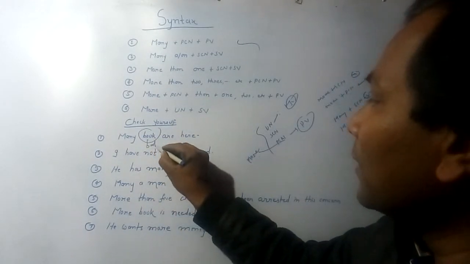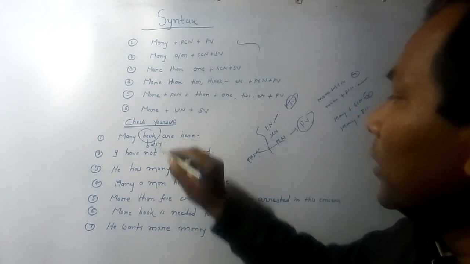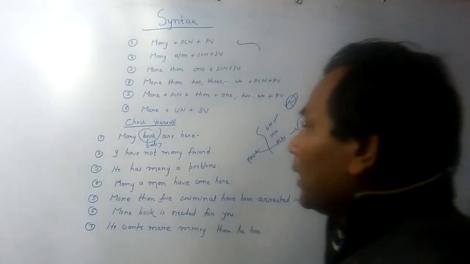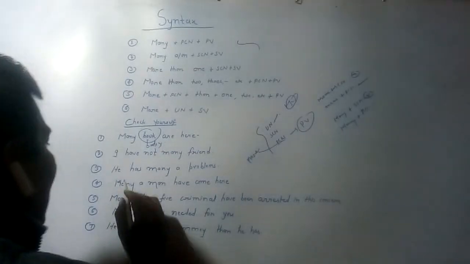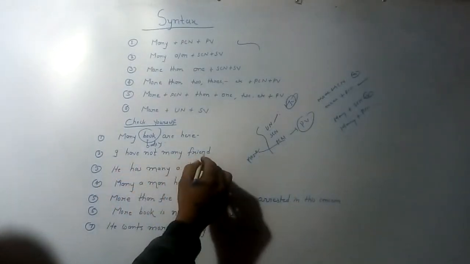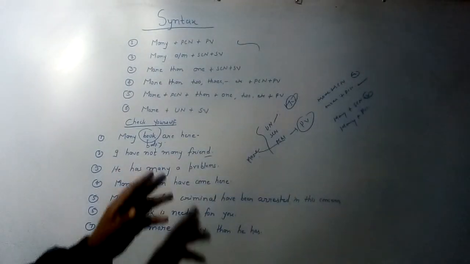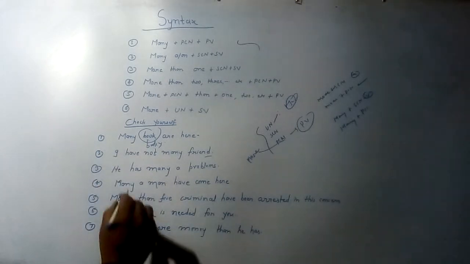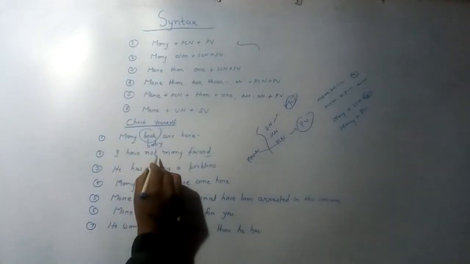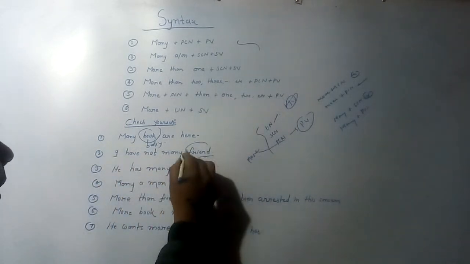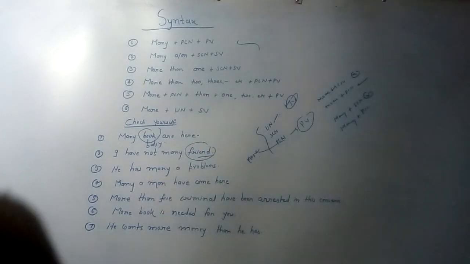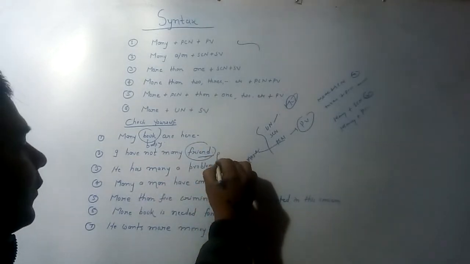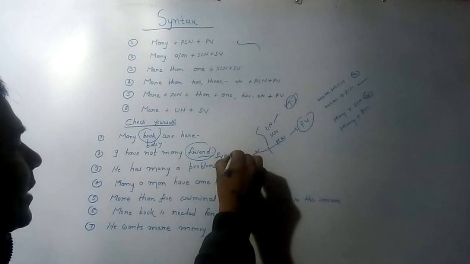This is a right sentence. Now you can see here, I have not many friends. Here friend is a singular countable noun, but you can use friends here. In this case, this is a right sentence.